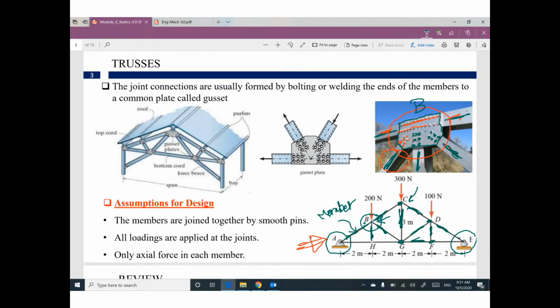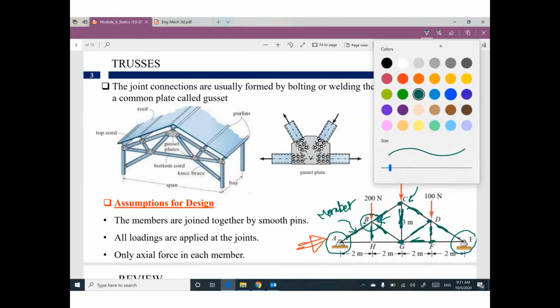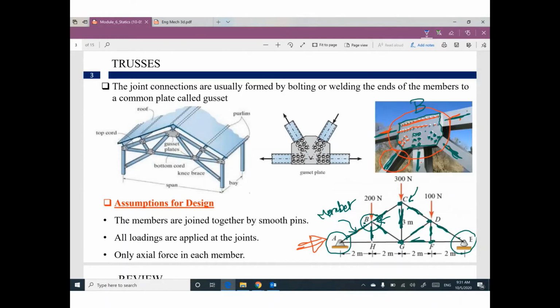So can you watch this floor or this roof? We have here something called a secondary beam, which is called a purlin. This purlin will support the floor or the roof.